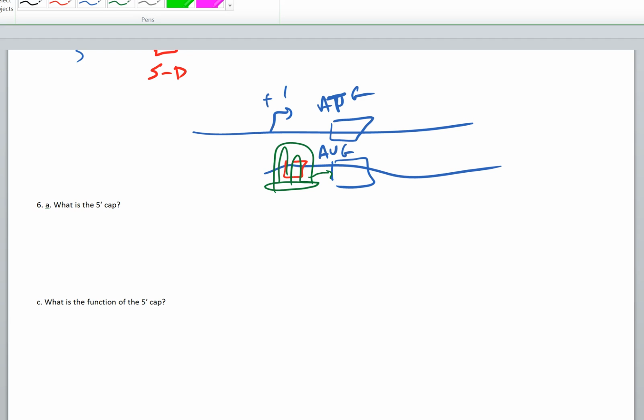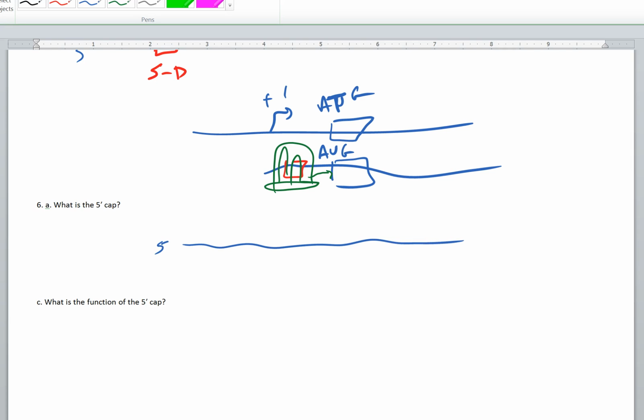What's the 5' cap? The 5' cap is a cap that goes on the 5' end. But this is only in eukaryotes.